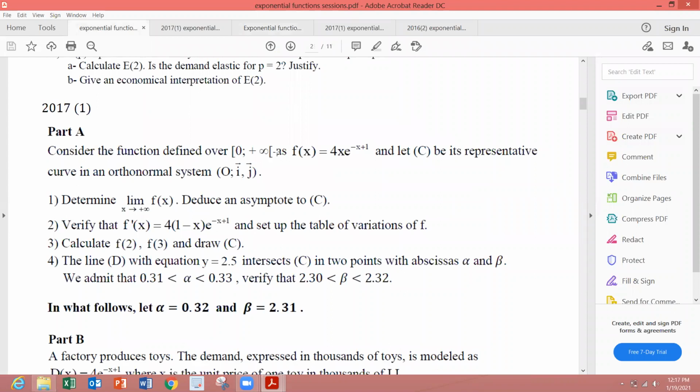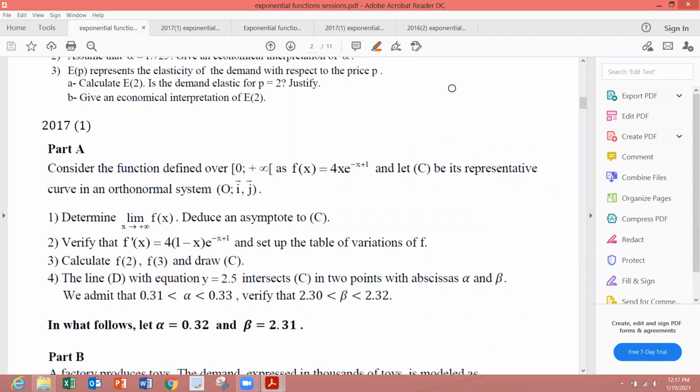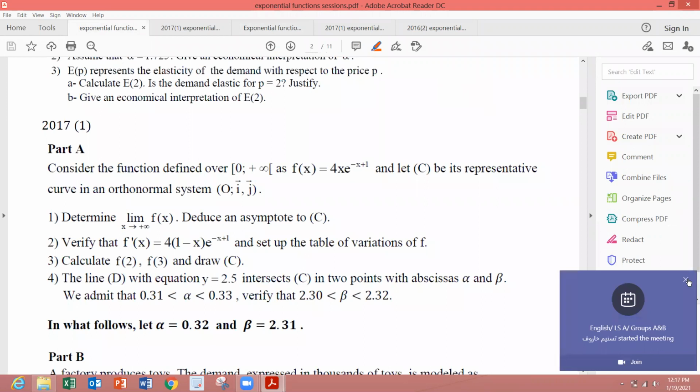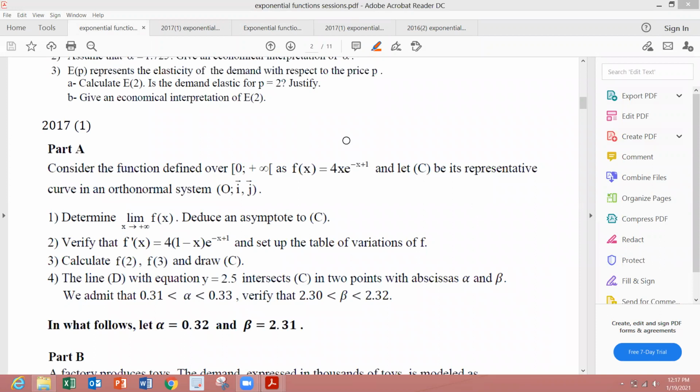Okay, today we are going to solve 2017, the first chance. Is it a difficult exercise? Did you solve this one? Is it difficult? Yes. Partly difficult. Okay. Yes, it is.